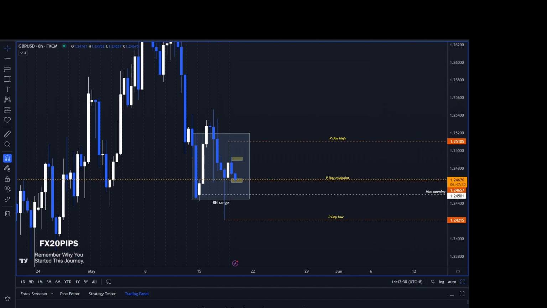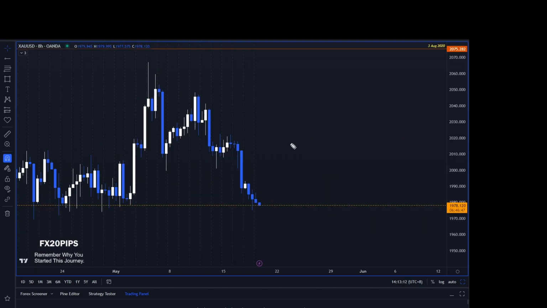Let's look at the other chart briefly. Here we are at 8 hours of gold. I'm not going to plot everything again, just briefly mention that it seems to be like the GBPUSD. It's coming down.